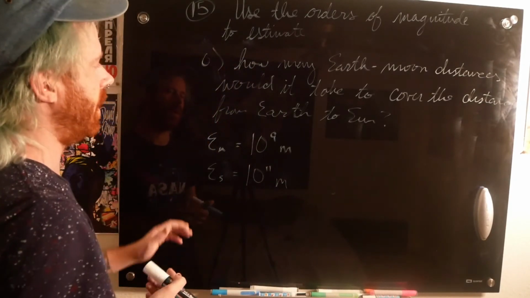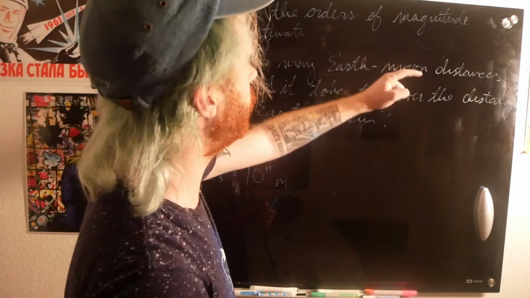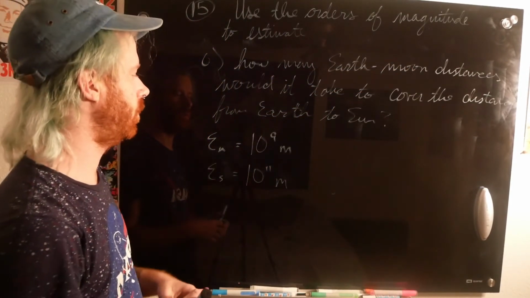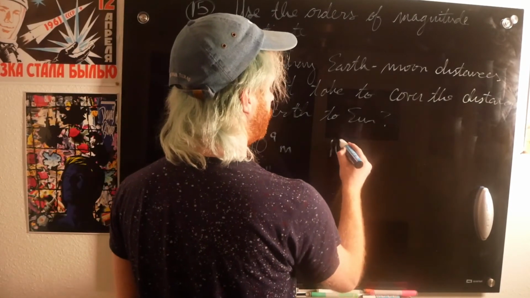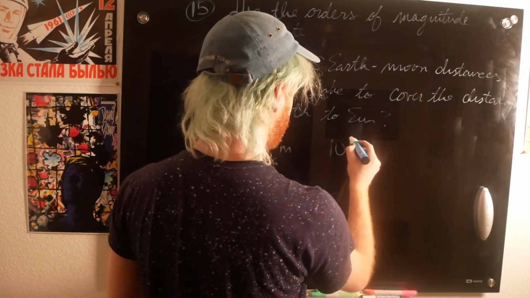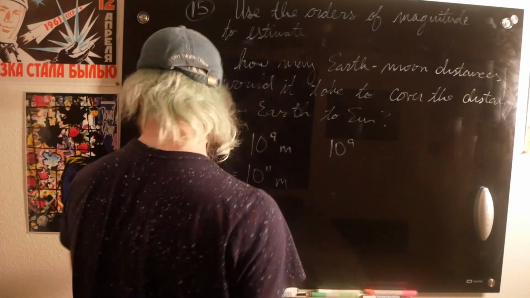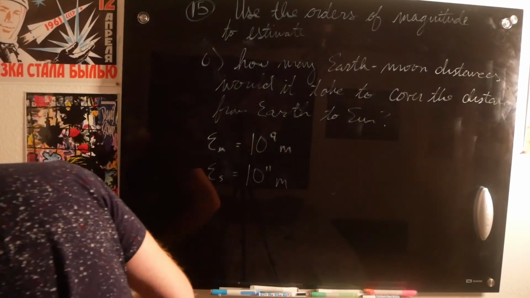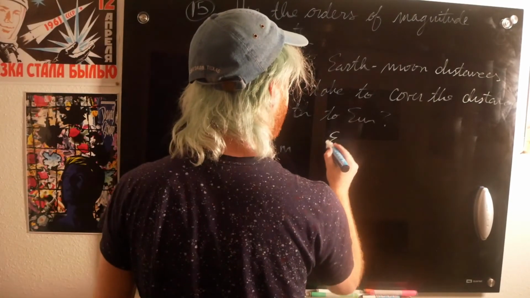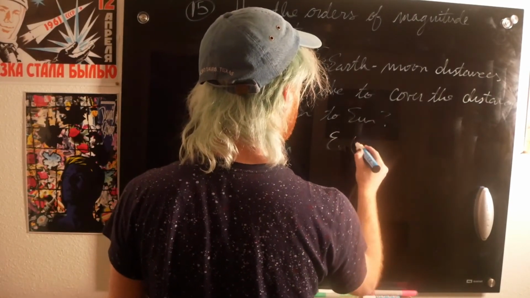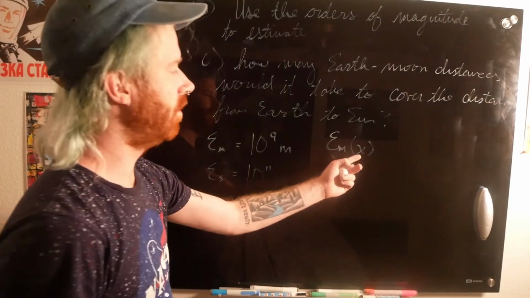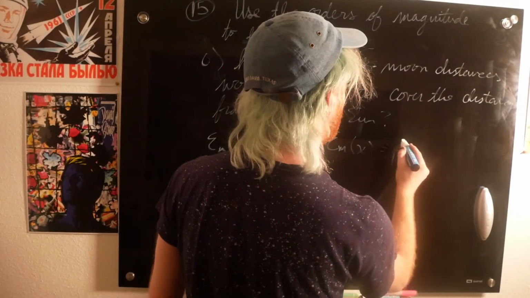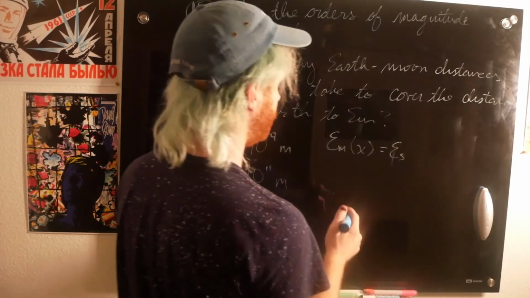So now we're asking how many Earth-Moon distances, how many of these is it going to take to equal one of these? We'll do it symbolically first again. You're going to have an Earth-Moon distance multiplied by some number that will equal the Earth-Sun distance.